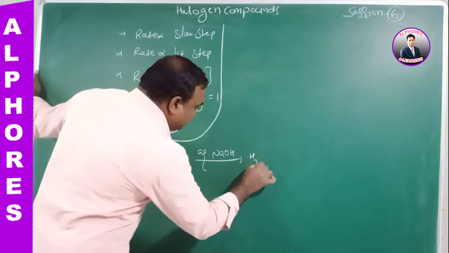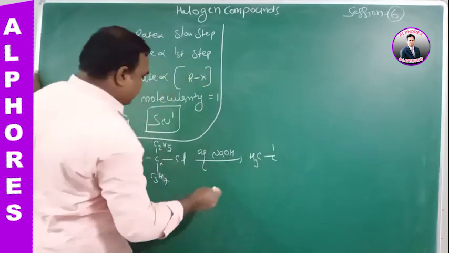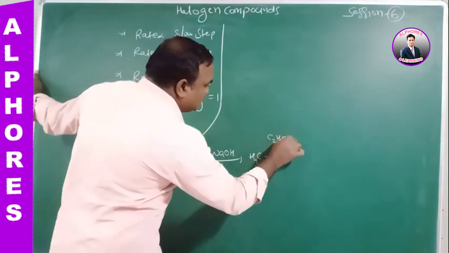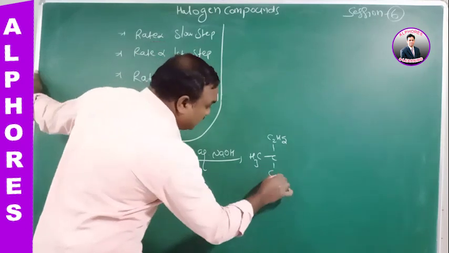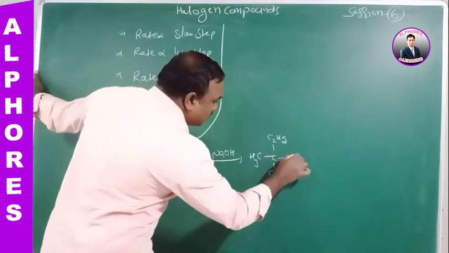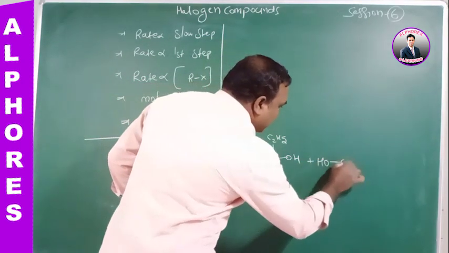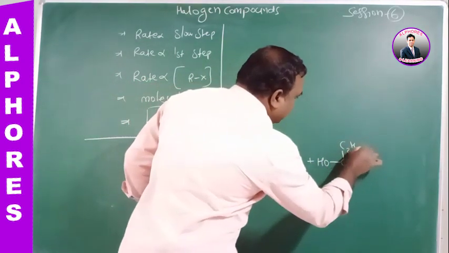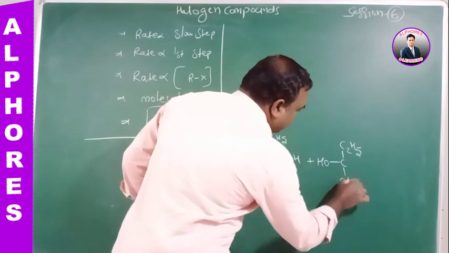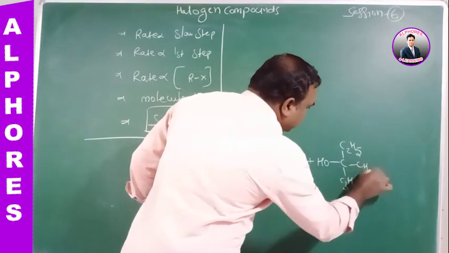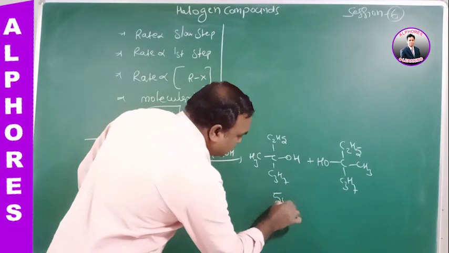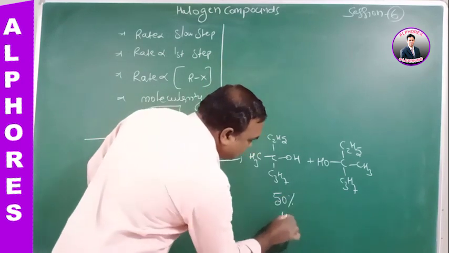Cl is substituted by the incoming nucleophile, which one in this case? OH. Due to the presence of the chiral center, it forms the racemic mixture. 50% D form, 50% L form.